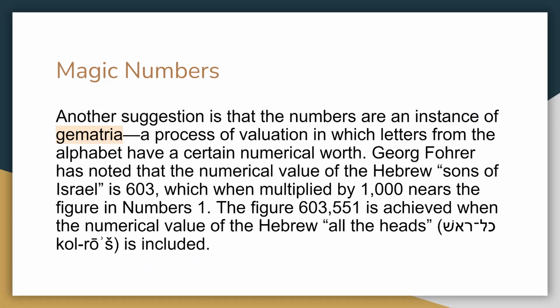George Forer has noted that the numerical value of the Hebrew phrase sons of Israel is 603, which then multiplied by 1,000 nears this figure in Numbers chapter 1 of over 600,000 people.